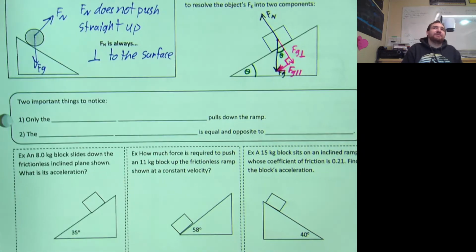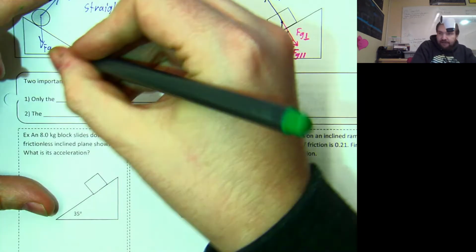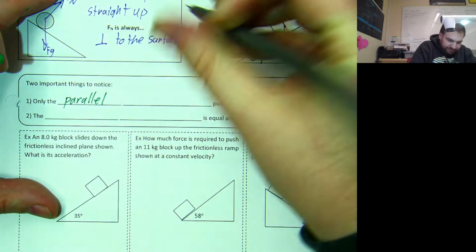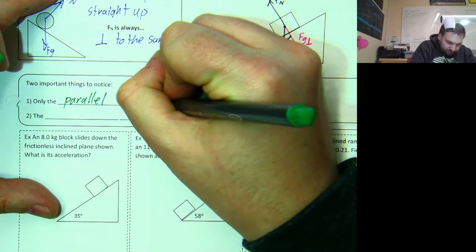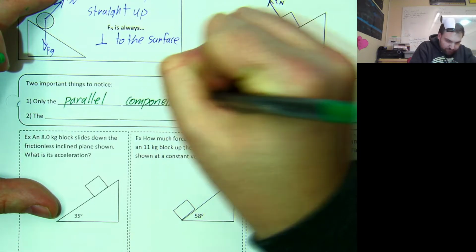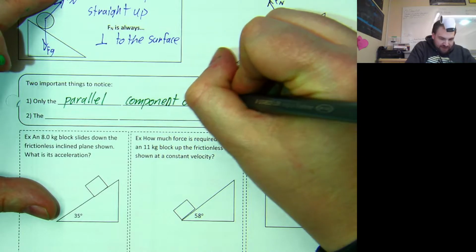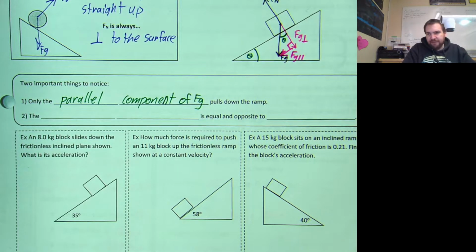I've said it before, let's write it down clearly. Only the parallel component of FG pulls down the ramp.